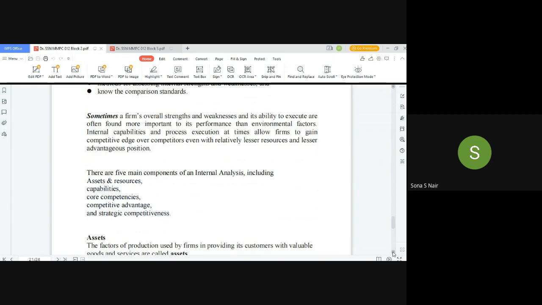So assets and resources might be passive things. And by the time it reaches strategic competitiveness, it is talking of the ability of the organization to survive, grow, prosper in the external environment. So there is an accumulation quality when we are talking of all these 5 components. So let us talk of them one by one.